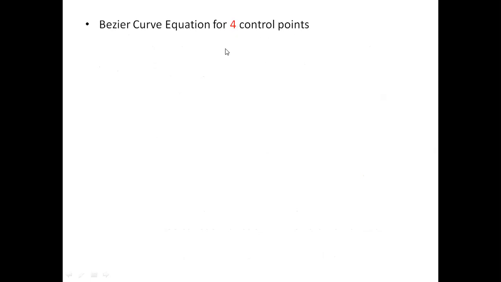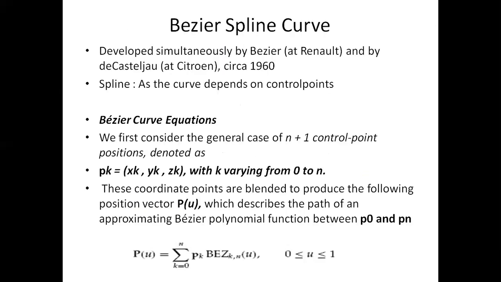For 4 control points, k is equal to 0, k is equal to 1, k is equal to 2, k is equal to 3. That means n should be equal to 3 for 4 control points.